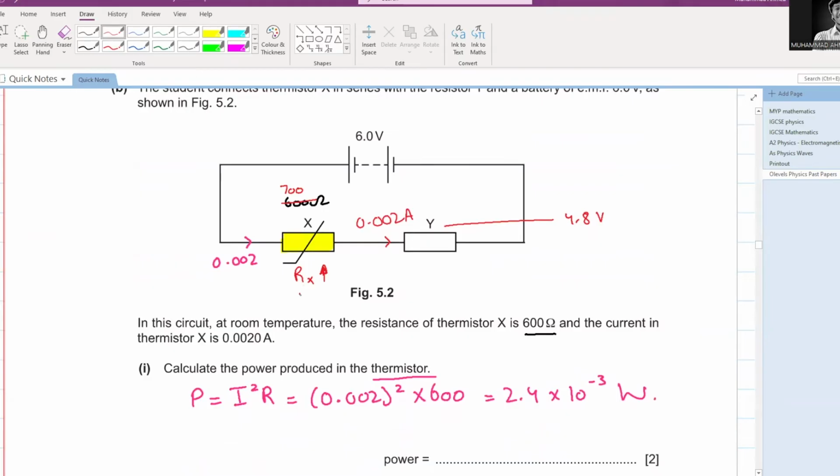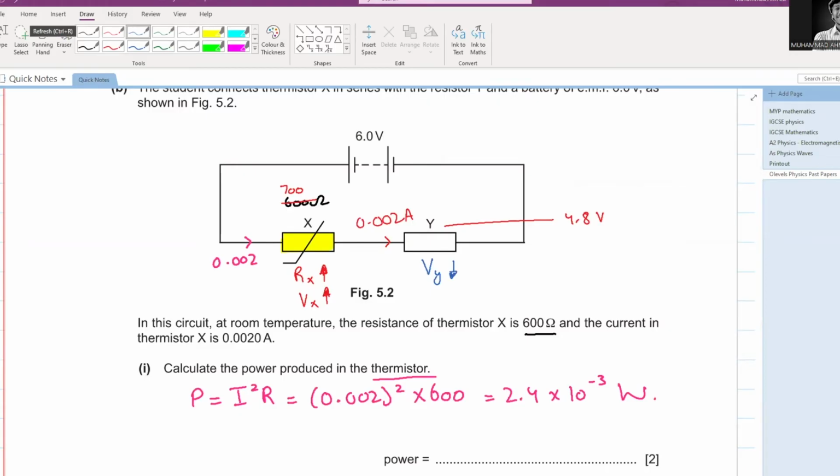If the resistance of thermistor increases, the voltage across thermistor will increase. If the voltage across thermistor increases, the voltage across this resistor Y must decrease.